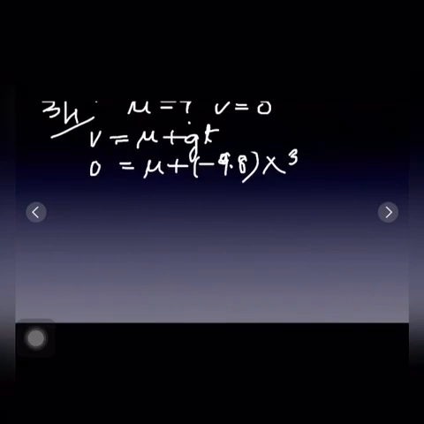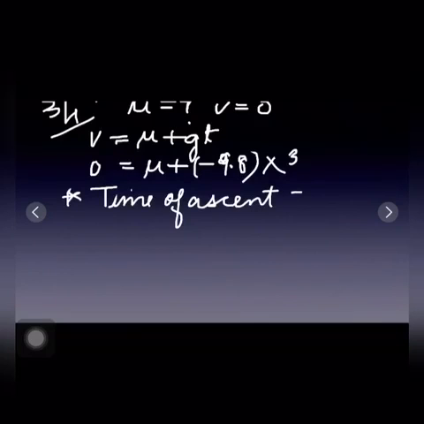So why 3 seconds? You will say that the time is given as 6 seconds. So 6 seconds is basically the time when the ball is thrown vertically upward and then returns to the thrower. So here this is the catch in the question, which is time of ascent is equal to time of descent.